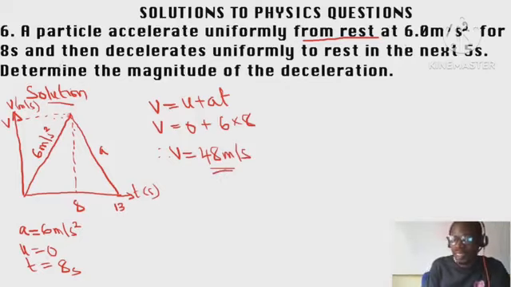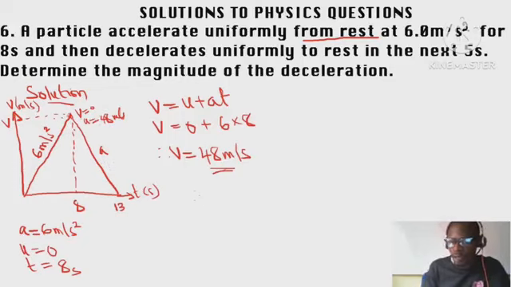And the question now says, then decelerate uniformly to rest in the next 5 seconds. So at this point, when the object is decelerating, the final velocity here is going to be 0, and the initial velocity is going to be the value of the final velocity, which is 48 meters per second. So we can now use that to determine the deceleration, because now we have the parameters too.